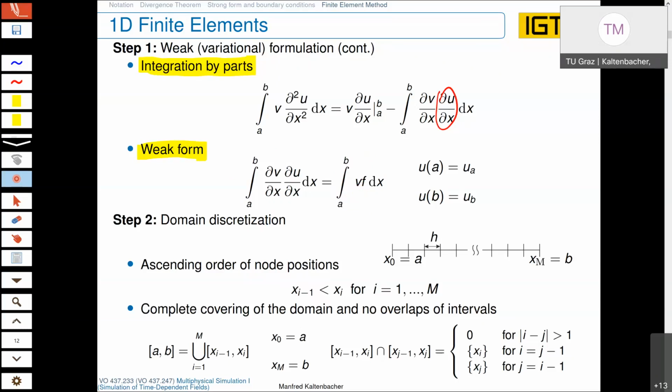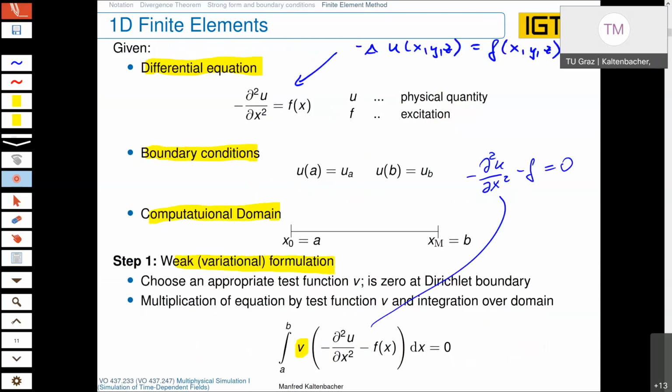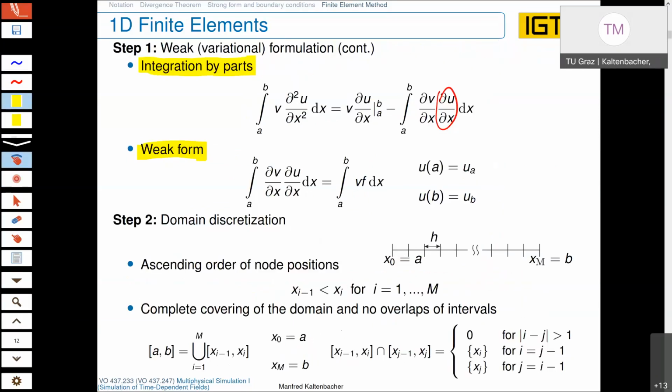What is important is that when we speak of an appropriate test function v, this test function is 0 at the Dirichlet boundary. Why does this make sense? Because we already know our unknown physical quantity u at Dirichlet boundaries. We know that u at position a is ua and u at position b is ub. Therefore, our test function v is set to 0 at any Dirichlet boundary we have within our computational domain.